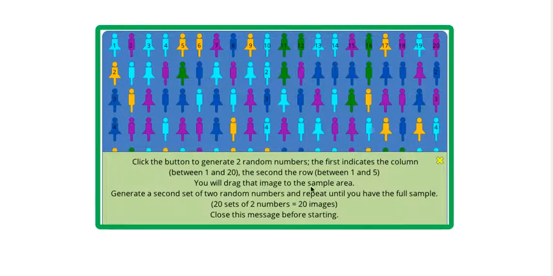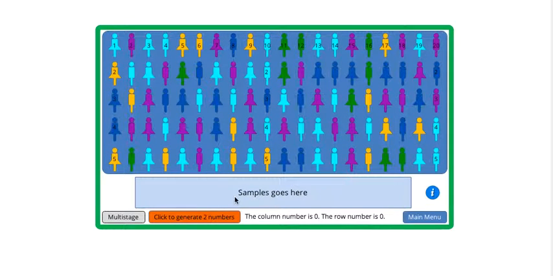Multistage. Multistage is kind of like a group sampling, but it's where you take individual people, and so say we want to find people geographically. So we'll randomly generate a column, and then we randomly generate a row, and that's going to indicate who we're going to take. For this one, it's very similar to simple random sample, except it's just got some hierarchy to it.